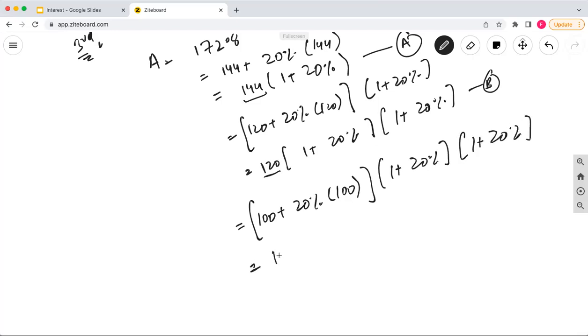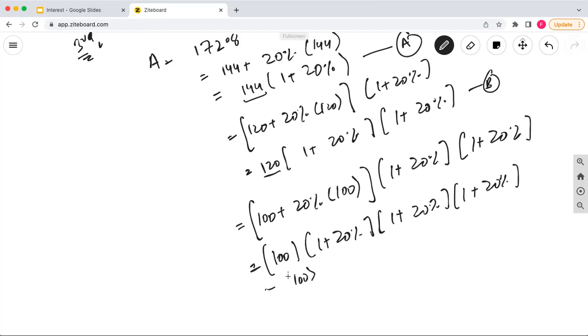And if I take 100 common, this will be 100 into 1 plus 20% into 1 plus 20% into 1 plus 20%. And this will be 100 into 1 plus 20% whole cube, because all of these bases are the same, the powers will add up. So this will be 100 into 1 plus 20% whole to the power 3.